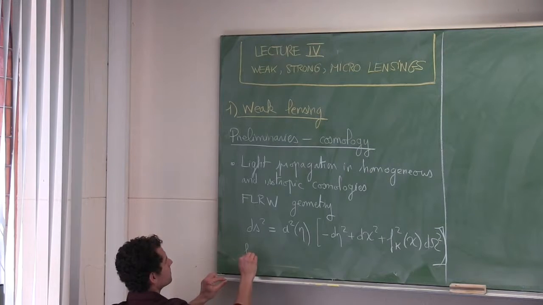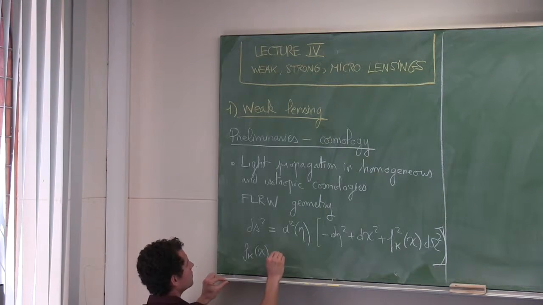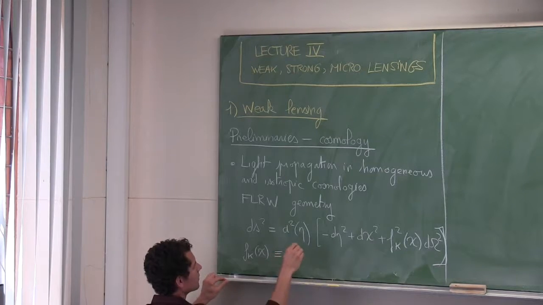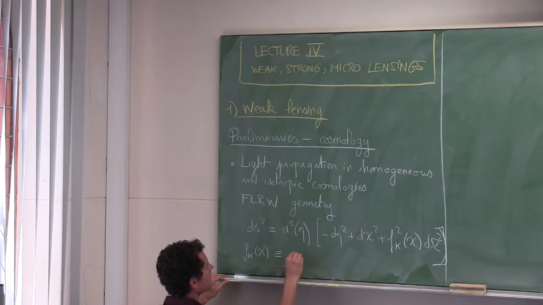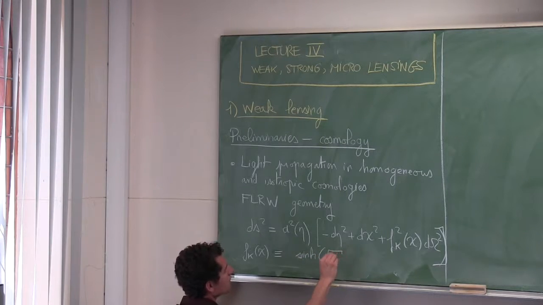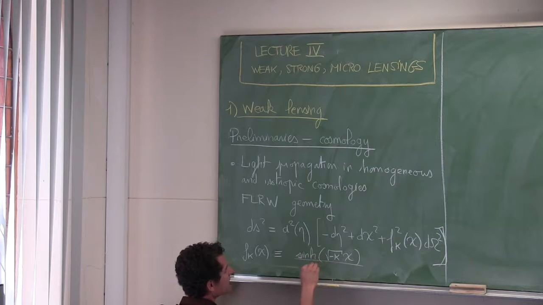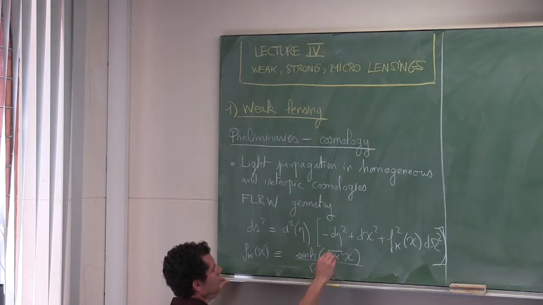f_k being this function that depends on k. There is a way to write it actually just in terms of a hyperbolic sine, so it would be sinh of square root of minus k chi divided by square root of minus k, or something like this.